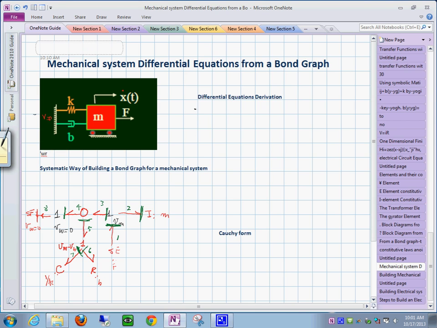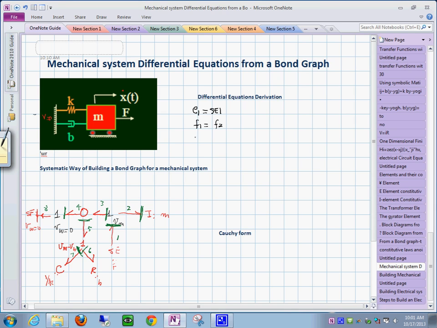So I am going to say this is E sub 1, in this case is the SE1, right? F1 is this, what is F1? It's actually F sub 2. And I go on each one of them.